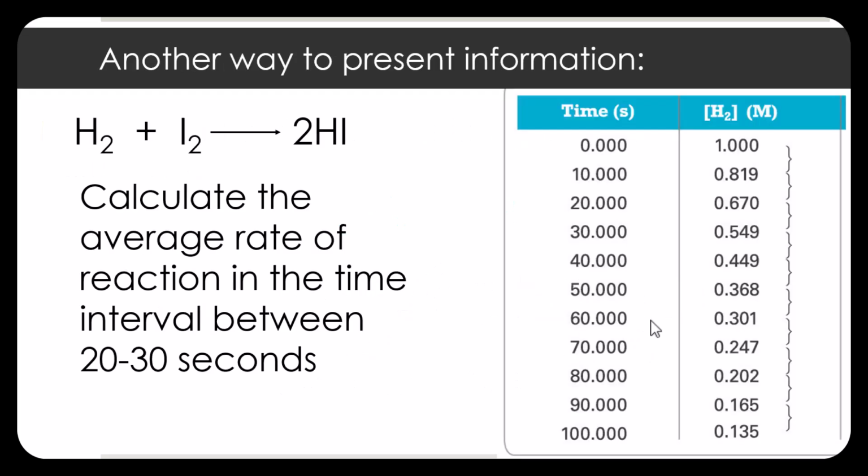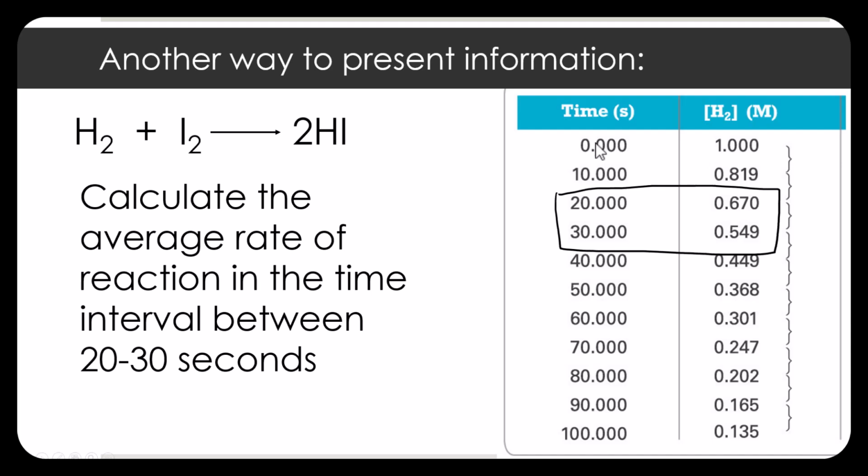So that's exactly what we're going to do. We want to calculate the average rate of the reaction between the time interval of 20 and 30 seconds. Okay. So we're living in this area of the table. What this table is, as our time clicks by, it looks like every 10 seconds they took a measurement. Over here, the measurement that they took was the concentration of hydrogen.